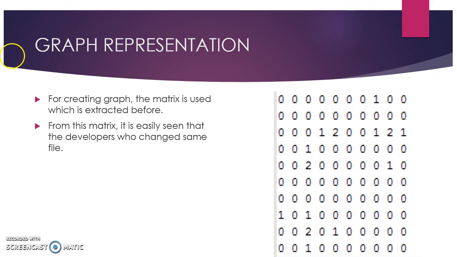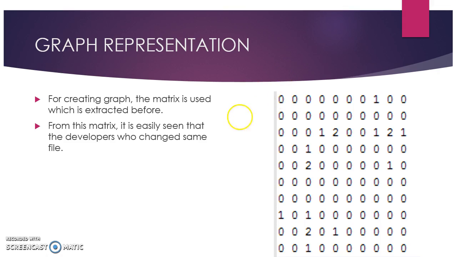From this matrix, it's easily seen which developers change the same file. This is the adjacency matrix actually, and it has 10:10 size, and each row and each column has the author's name.